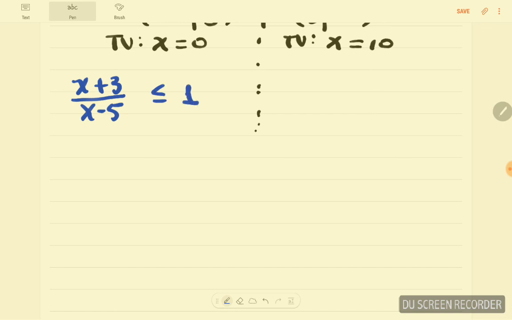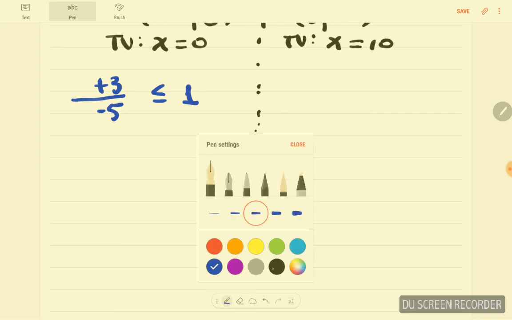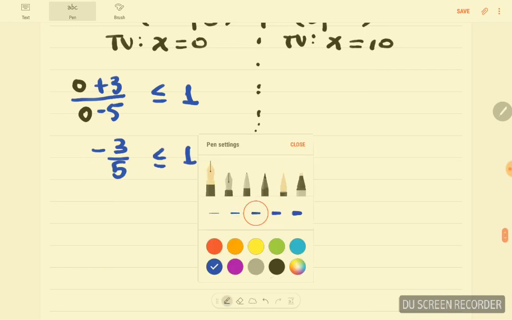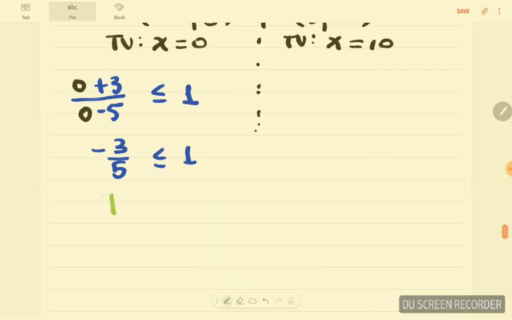Now when I plug in 0, what happens? I get negative 3 over 5 is less than or equal to 1. Is that true? Yes, it is. Okay, so because that's true, that interval is valid.